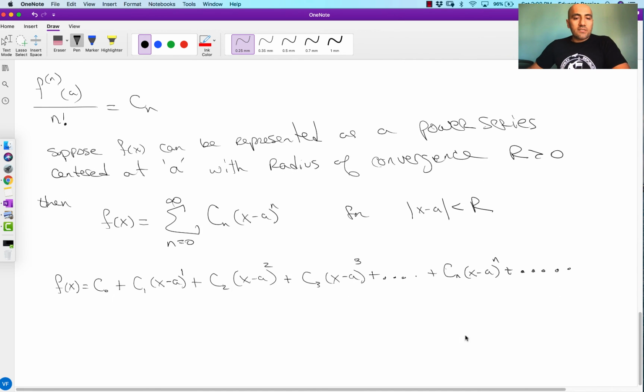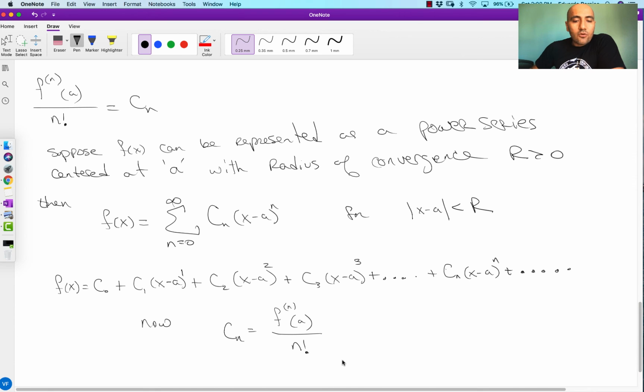Okay, so what we just discovered is that the nth coefficient, the c sub n coefficient, has a formula of its own. So now we know that c sub n is actually equal to the nth derivative of our function evaluated at a, divided by n factorial.